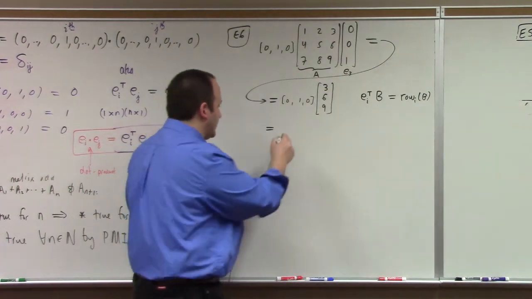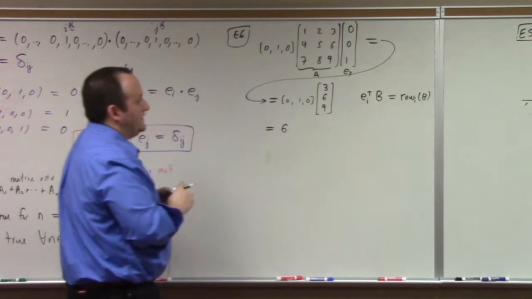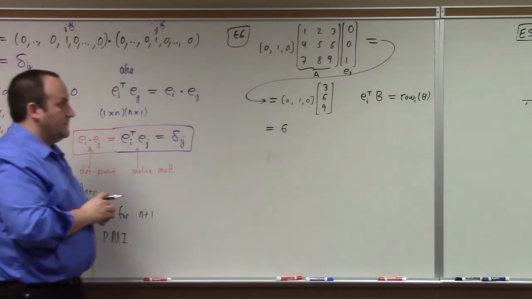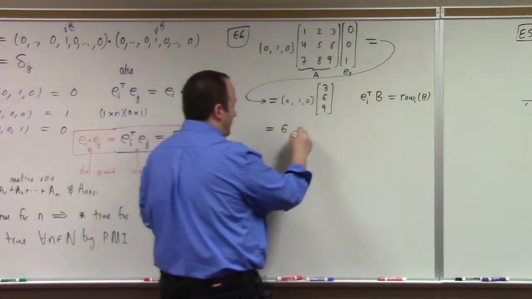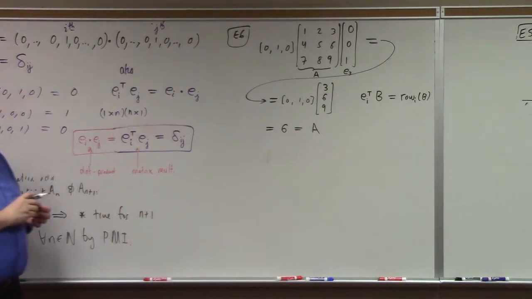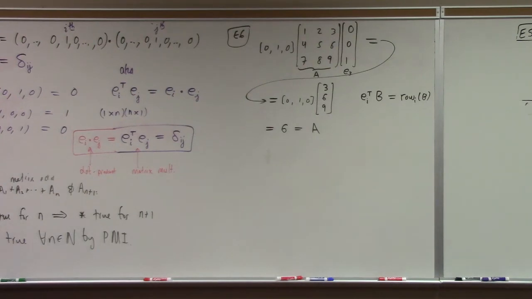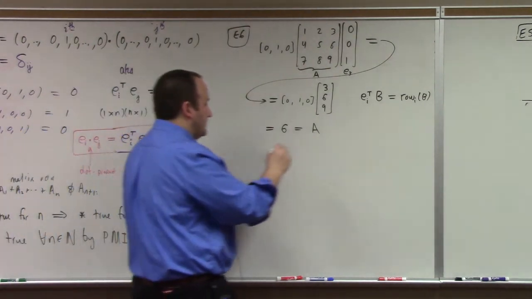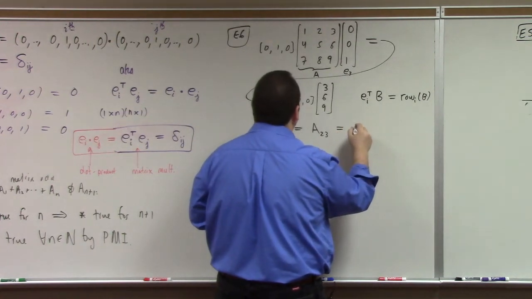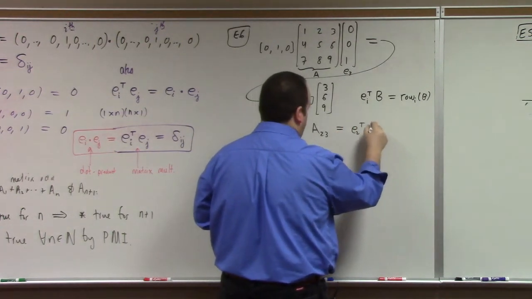It picks out 6. What's the significance of 6 here? Which component of A is it? It's 2, 3. So A_23 is apparently e_2 transpose A e_3.